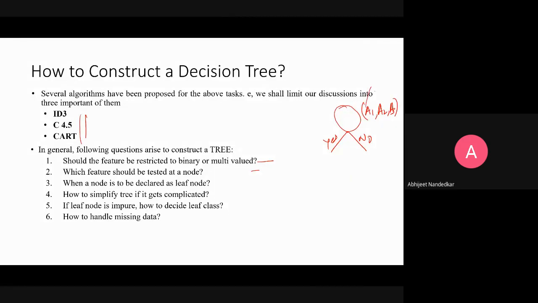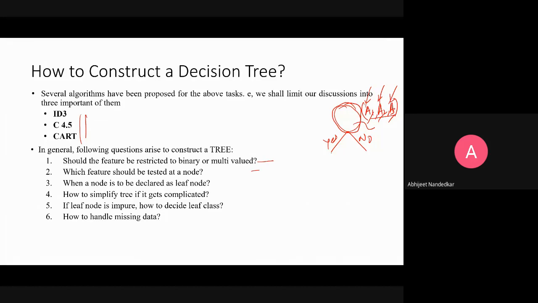Say this is some feature A1, this is feature A2 and A3. Out of this, I will ask one question on one feature here. So which one should I choose, A1, A2 or A3? That is the main problem.